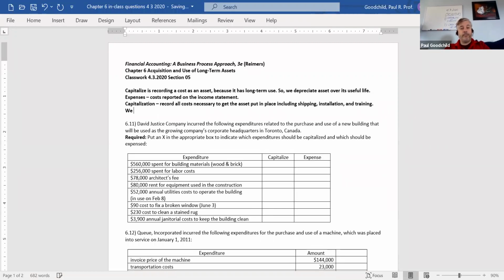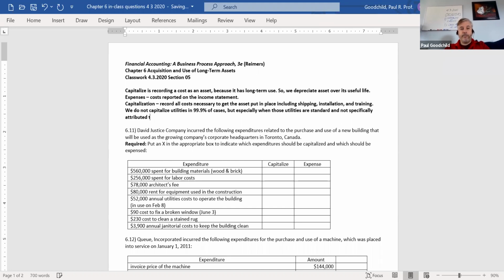We do not capitalize utilities in 99.9% of cases, but especially when those utilities are standard and not specifically attributed to the installation of the machine, of the asset.